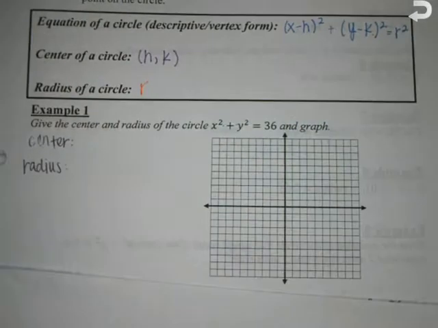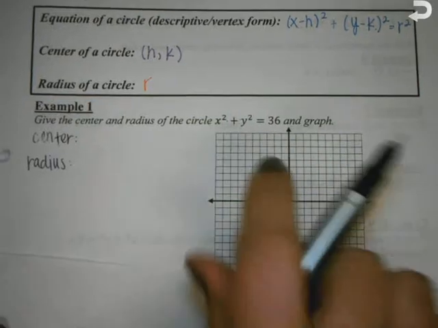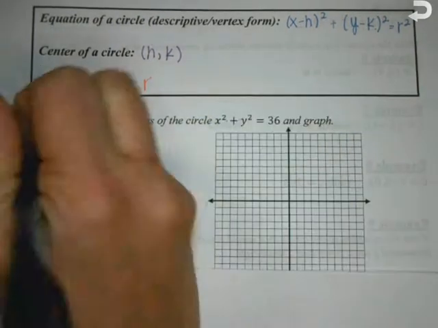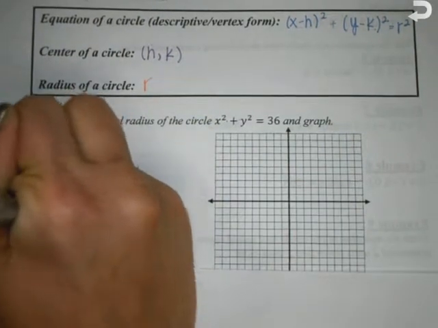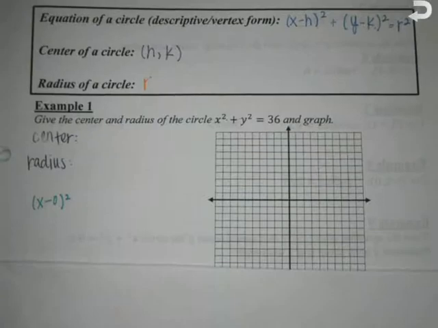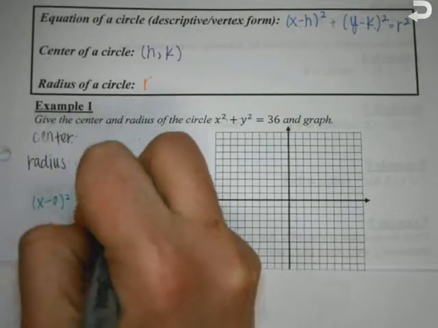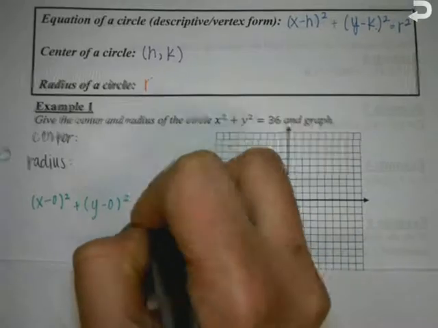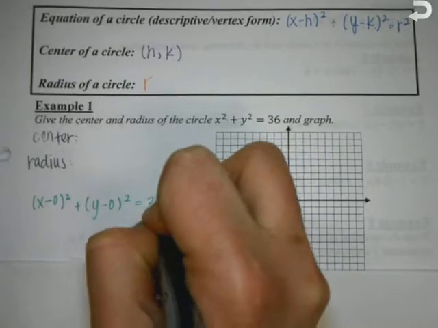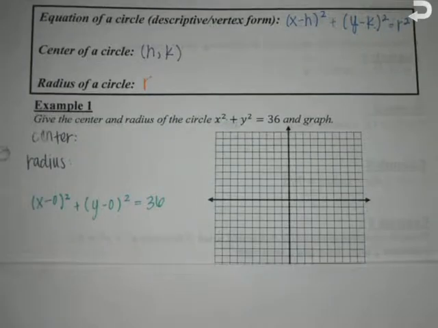We can rewrite this as (x minus 0) squared, right? Isn't that still x squared? Yeah. Plus (y minus 0) squared equals 36. So what is my center? (0, 0).